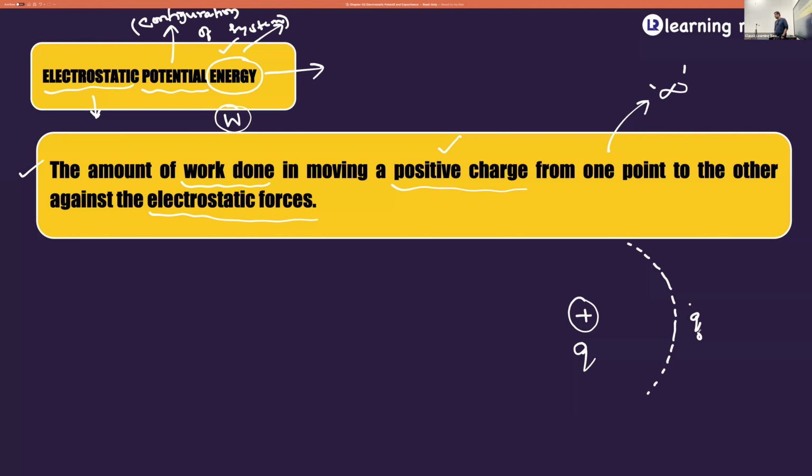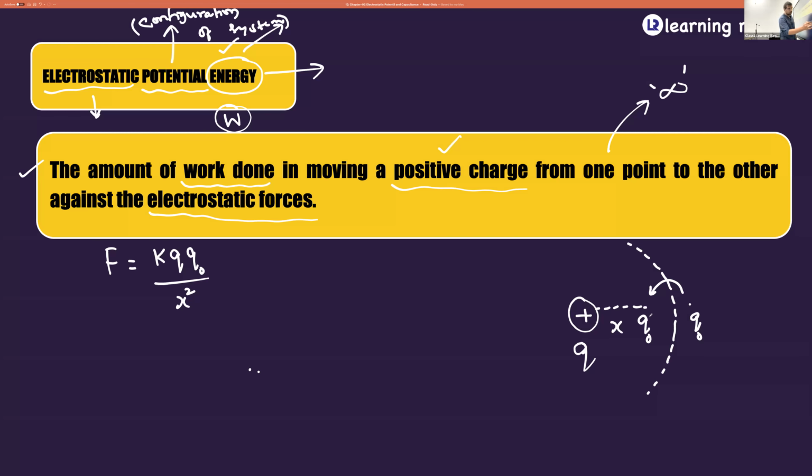As soon as this charge is moved into the electrostatic field, if I take this to be Q naught, what happens? Because of a finite distance, let's say x, that exists between them, there will be a force acting on Q naught. So the force is going to be equal to K Q Q naught divided by x square.